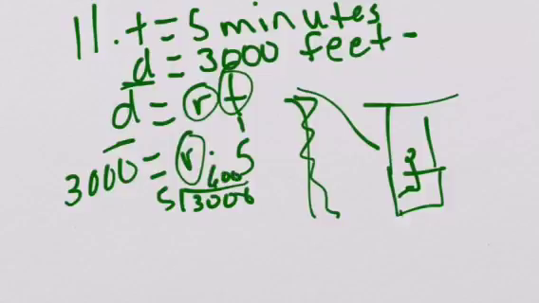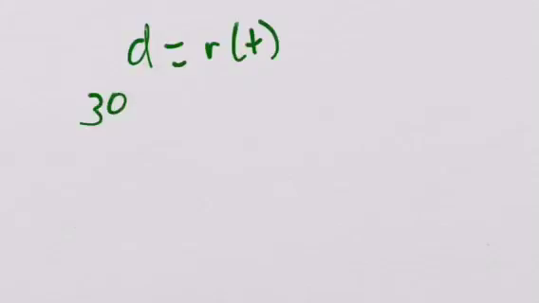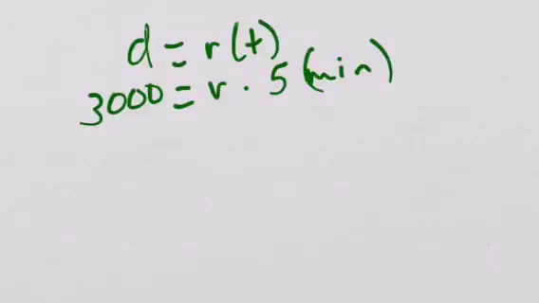So D equals R, we can just pretend there's parentheses there, T. Distance was 3,000. We didn't know R, but we knew the time was 5 minutes. And so we divided 5 into 3,000 and got 600.